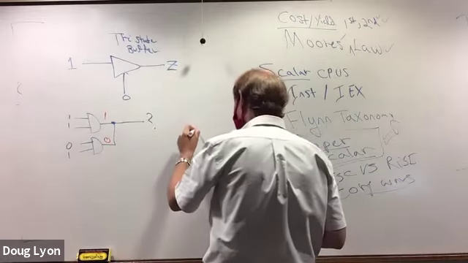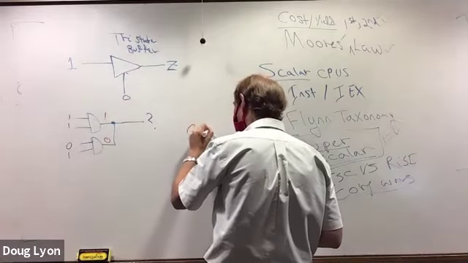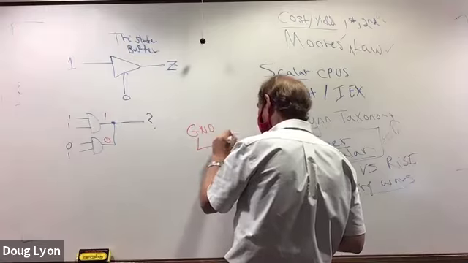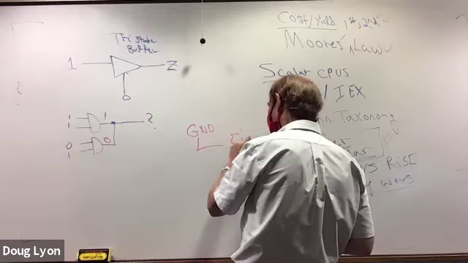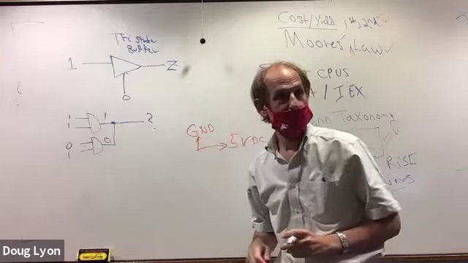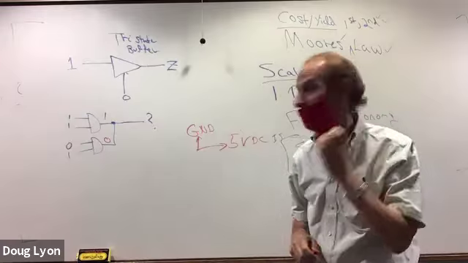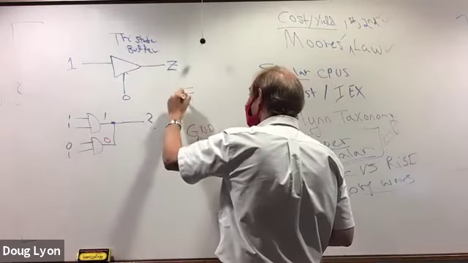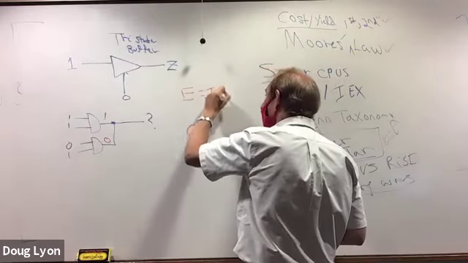What happens when you take ground and you hook it to 5 volts? Ohm's law. E equals IR.